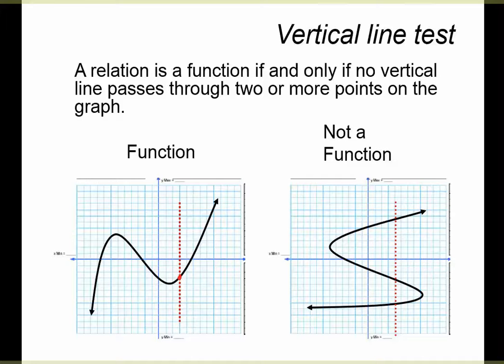If I had drawn a line somewhere else, like over here, it just crosses one time in one place. Over here we have an example where a vertical line crosses this graph in 3 separate locations, and that's going to indicate that one input has multiple outputs.